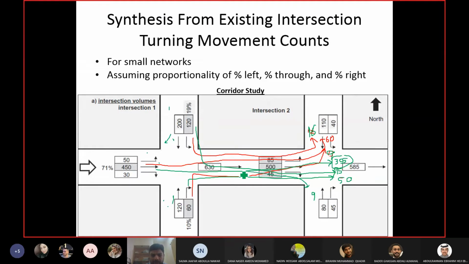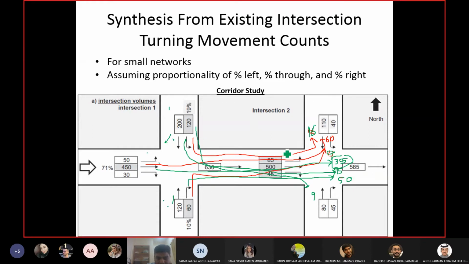So this 9 is coming from this 120. So this 120 is 16 here, 95 here, and 9 here. This is how you find the origin and destination using the intersection counting study. For each movement, take one movement and calculate the percentages from the previous intersections, the contribution from the previous intersection.